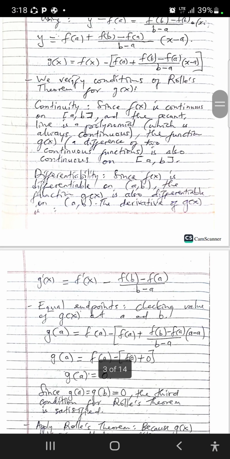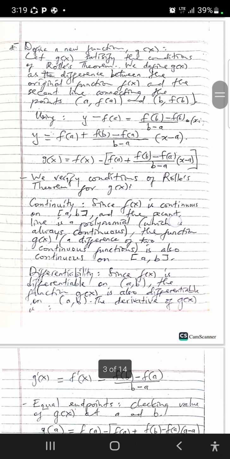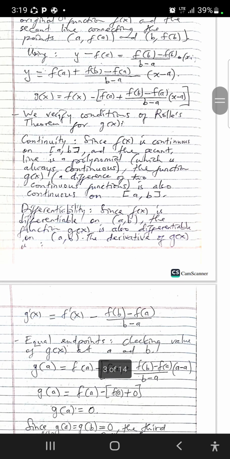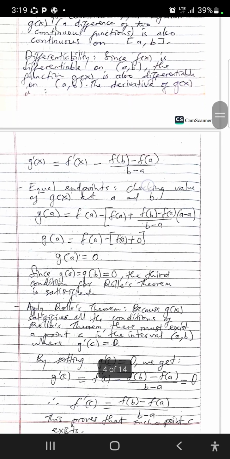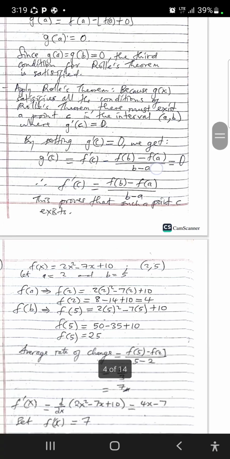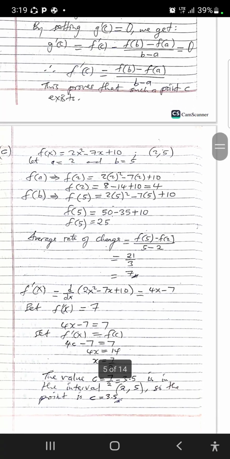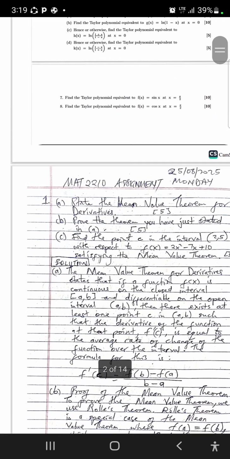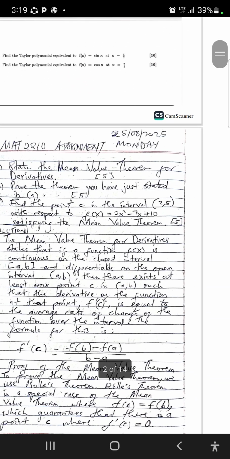You should just go through it nicely, step by step, understand continuity, understand differentiability, and you will see that it is well and good. So now let's check question C. Question C is saying, find the point c in the interval, which interval?